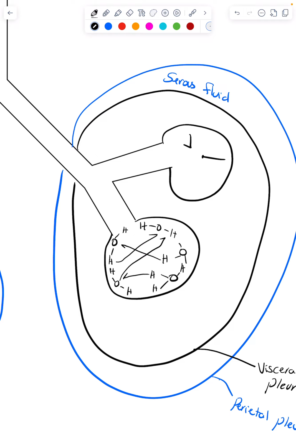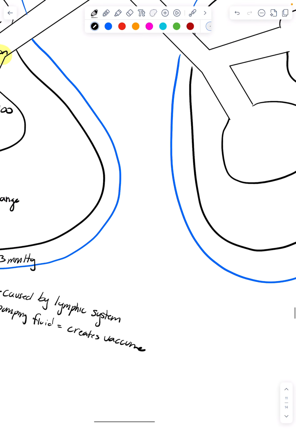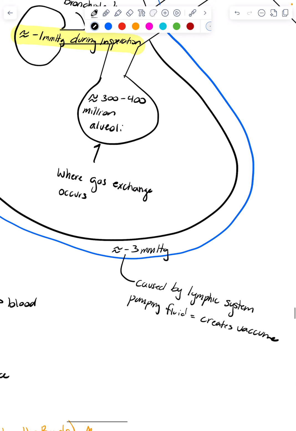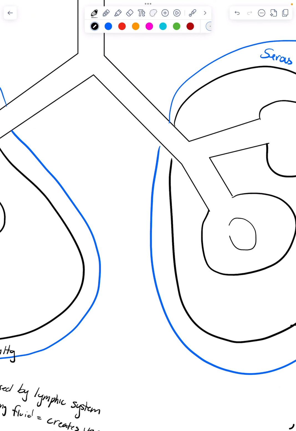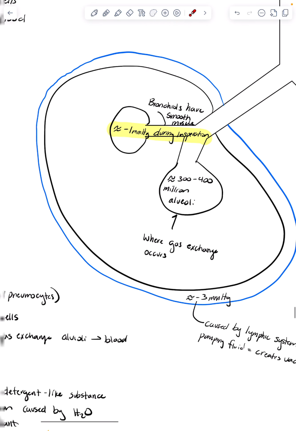What surfactant does, again, surfactant is made by those type 2 cells, and it has a hydrophobic end and a hydrophilic end, and it makes our lungs more compliant, and it just makes it easier to open. So that's one thing that makes our lungs constantly want to collapse, is the water within here. The other thing that makes it want to collapse is this pressure here. This pressure is making this vacuum, and it's always wanting to collapse in on itself.